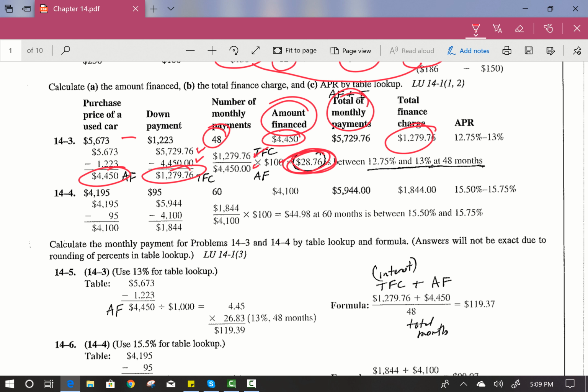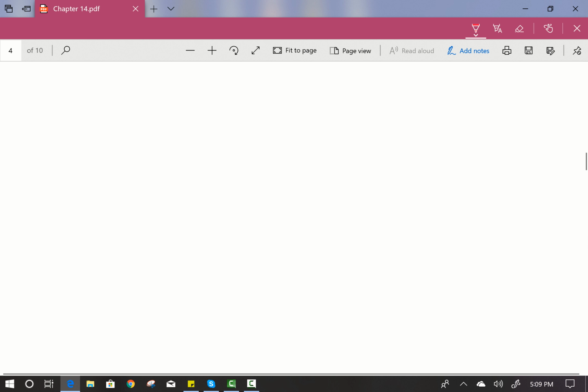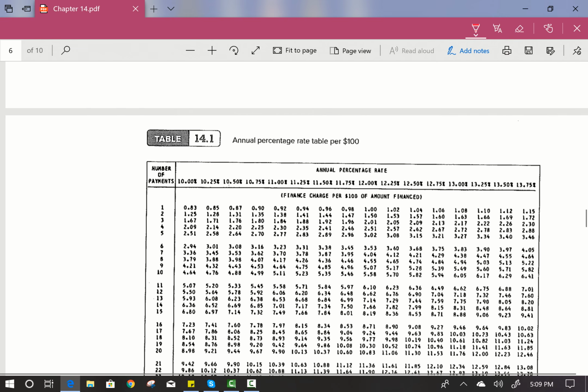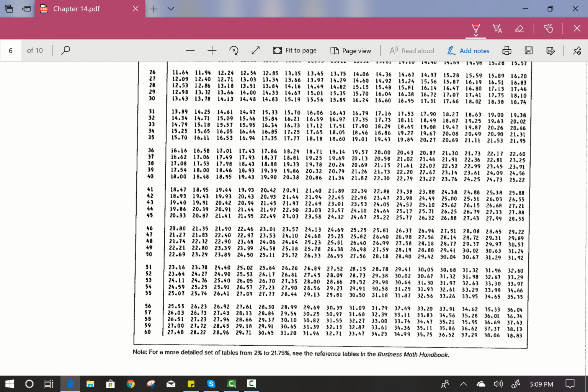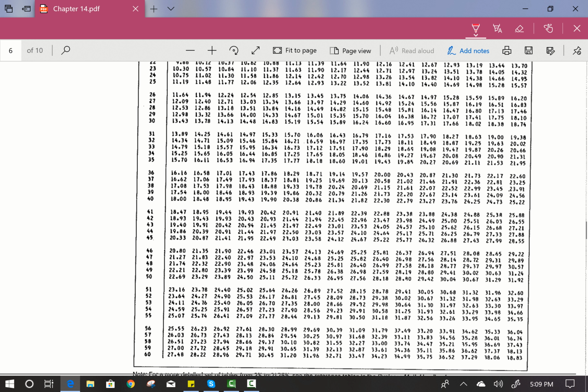So let's go to the table. Okay, it's 48 payments. So right here on the table lookup in your chapter, there's 48, and we're going to go to 2876.